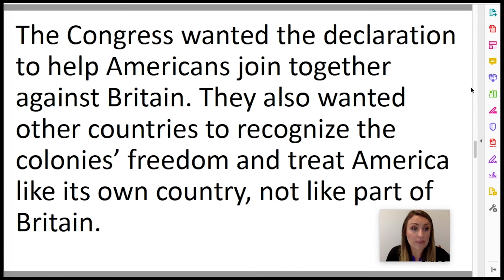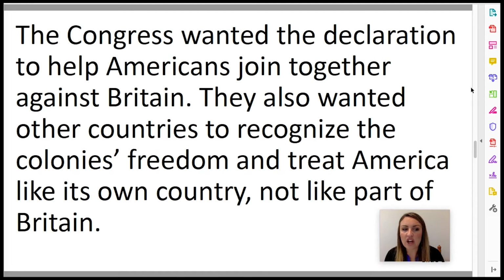Put another bullet point under accomplishments. Help to join. They wanted help to join Americans against Britain. Good. Now let's add the other information. I want one more bullet point under an accomplishment side.